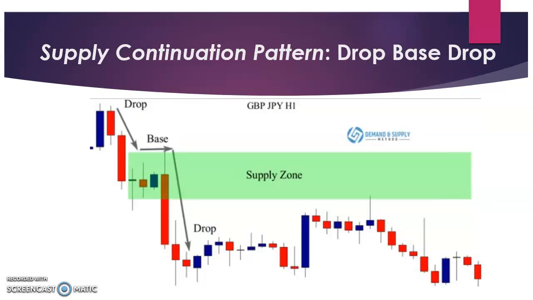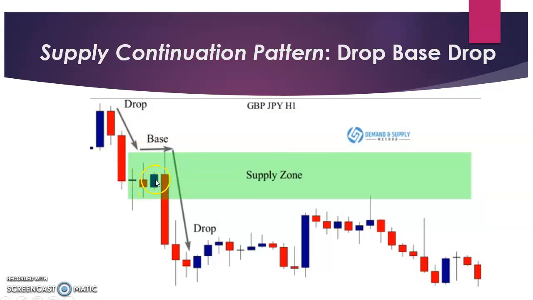All right, so we have another example of supply continuation pattern, which is actually drop base drop. Now you can simply just look at this. There is a drop, and there is some small bodied candles that make up for the base, and there is another huge drop from that particular place. So we have one area here as a supply zone. That's our first supply zone.